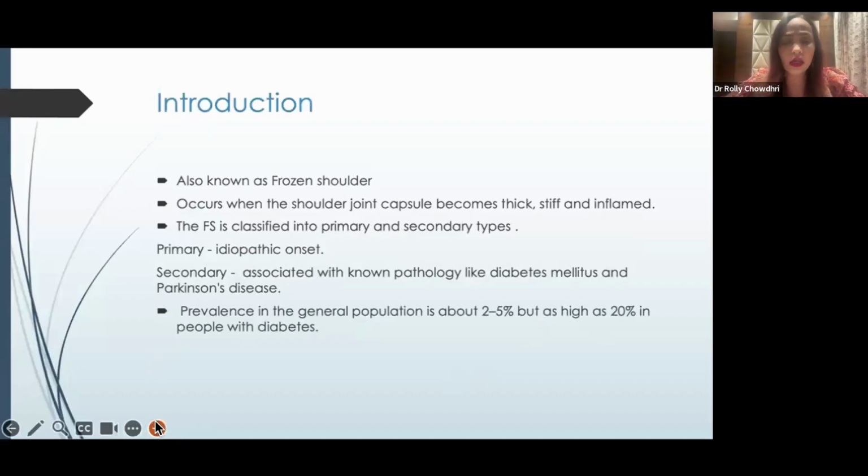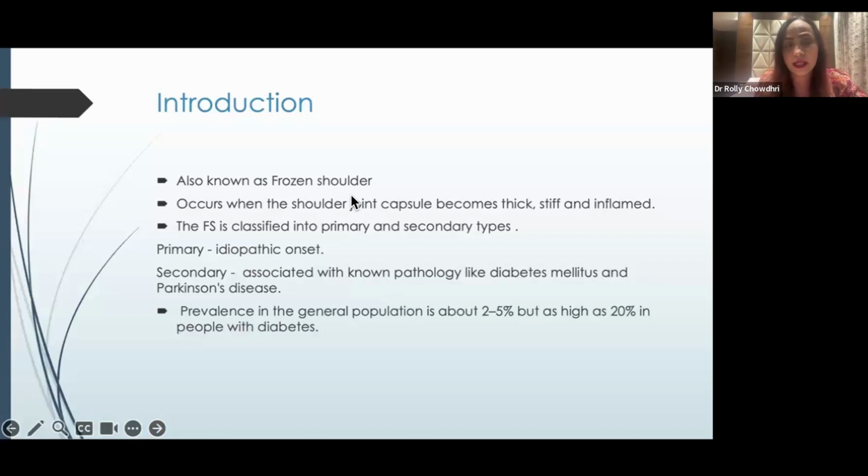It was very long back in history that Duplay called it periarthritis. Then Codman et al. in 1934 called it frozen shoulder. But in 1945, Neviaser labeled this term as adhesive capsulitis.